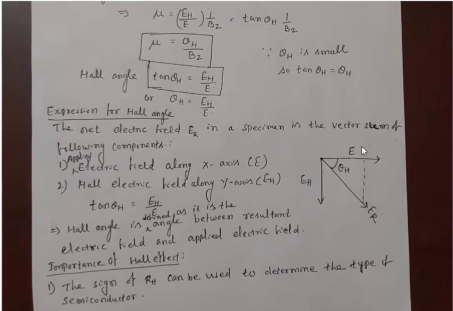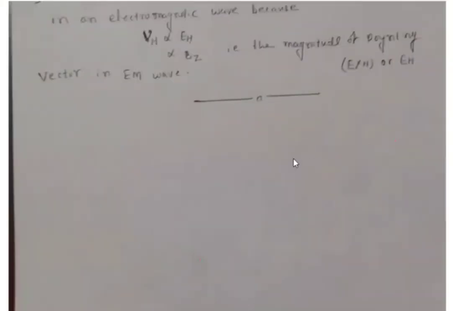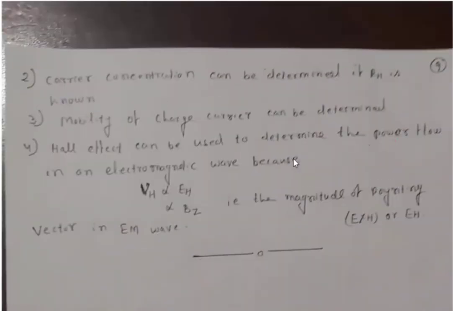So this completes the Hall effect. Now we will discuss some importance of the Hall effect, or applications, or significance of the Hall effect. The sign of RH can be used to determine the type of the semiconductor. We can find out the carrier concentration if RH is known.